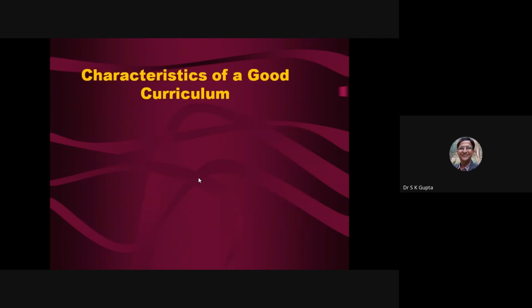Then we come to characteristics of a good curriculum, because when we talk of a good curriculum, there are many important characteristics which should be there.